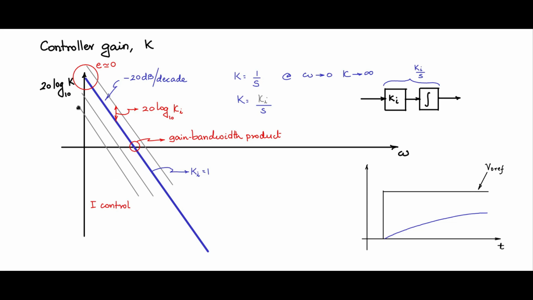Let's say I have chosen a Ki which is corresponding to this line. So you have a very slow response. Then let us say I choose this line which is having slightly higher gain bandwidth product. So it will be slightly faster. So as you choose the parallels with Ki increasing, you will have faster and faster response.